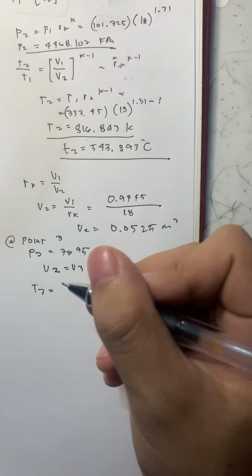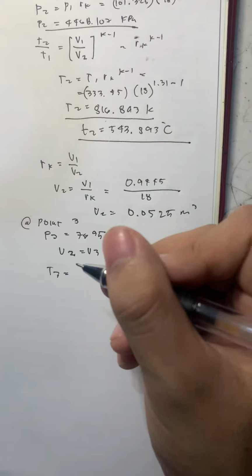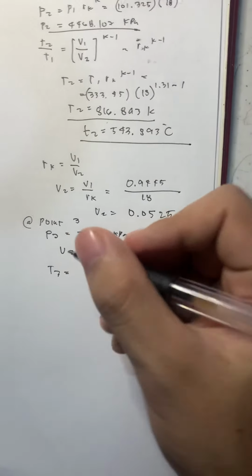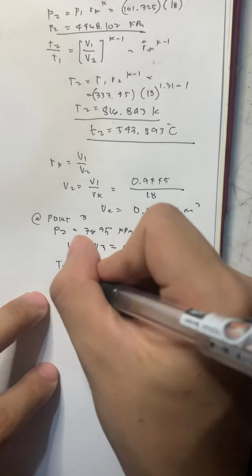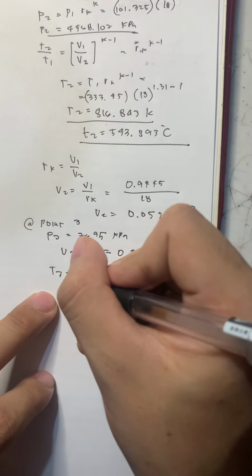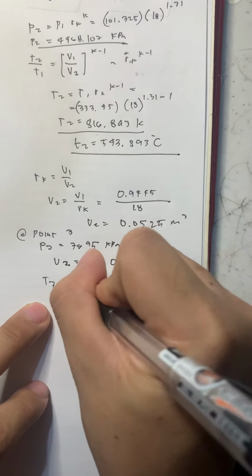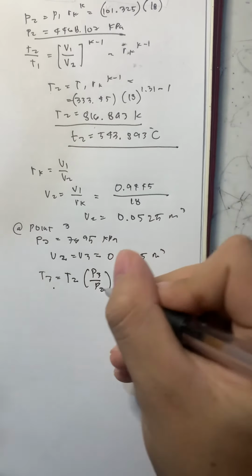Solving for T3 at point 3, T3 is T2 times P3 over P2.